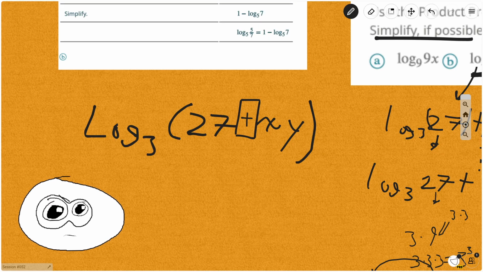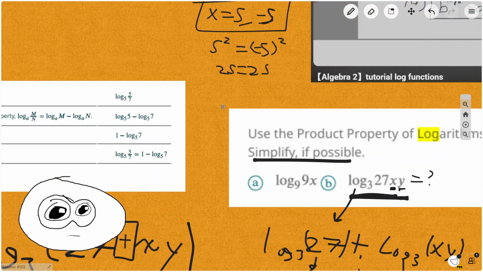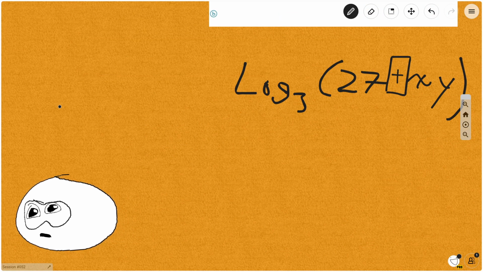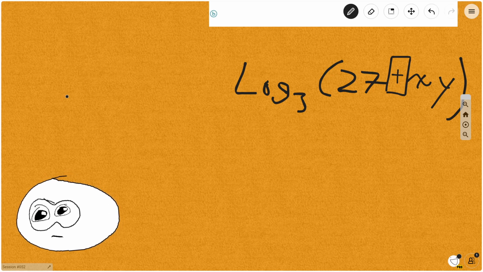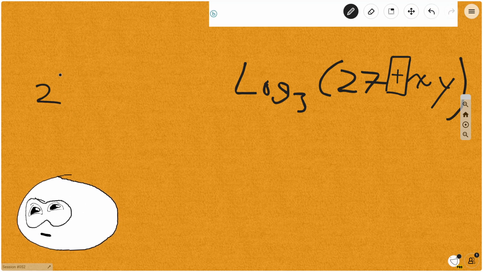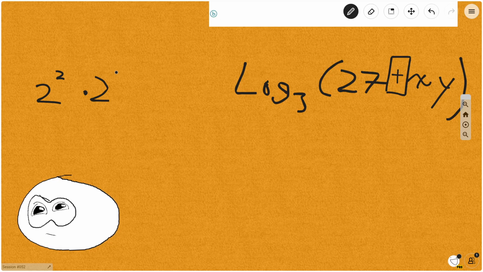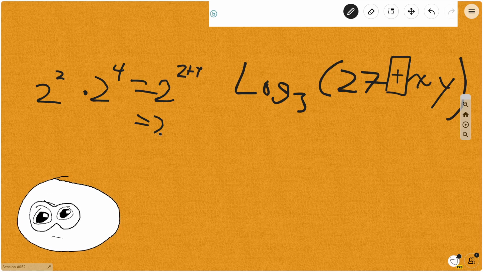And just like when you have weird stuff with exponents, if you have 2 to the power of 2 times 2 to the power of 4, then that would be 2 to the power of 2 plus 4, which would equal 2 to the power of 6.